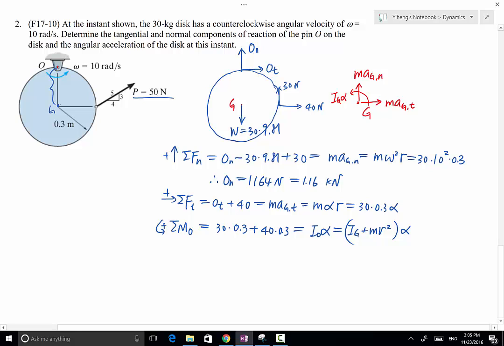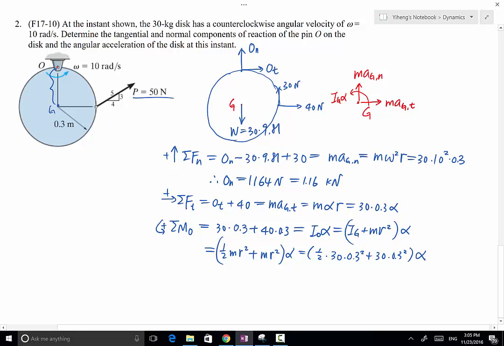I_G is the mass moment of inertia of this disk about the axis passing through point G perpendicular to the plane, and we have a formula for that, and that is 1/2 m r squared, plus another m r squared, alpha. That equals 1/2 times 30 times 0.3 squared plus 30 times 0.3 squared, alpha.